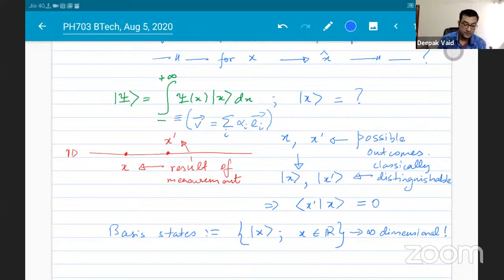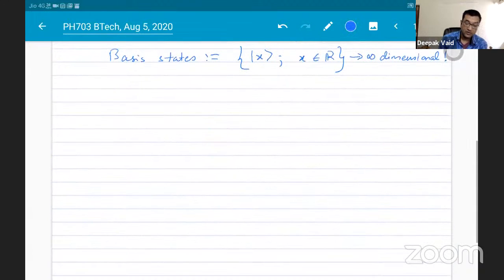This is the same thing, only now we have a continuous vector. On this state we define the operator for position. When it acts on this X state, what does the operator give us?